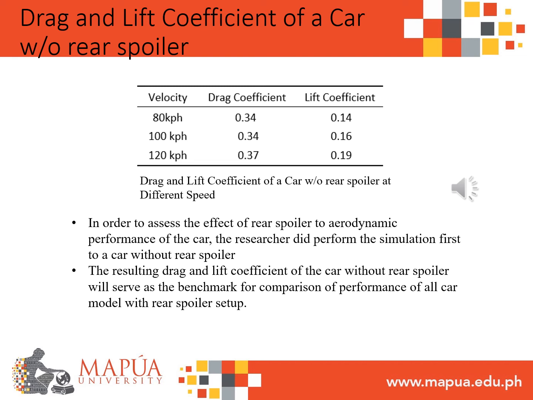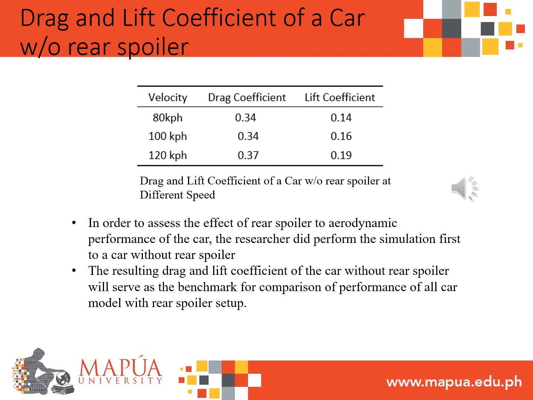So here, at 80 kilometers per hour, our drag coefficient for the car without a rear spoiler is 0.34, and its corresponding lift coefficient is 0.14. And if we proceed to 100 kilometers per hour, the drag coefficient will remain the same, while the lift coefficient will increase from 0.14 to 0.16.